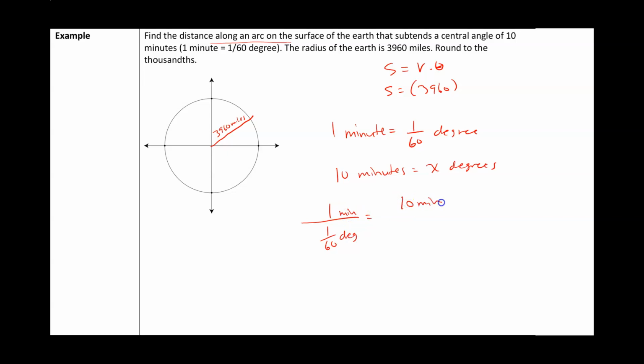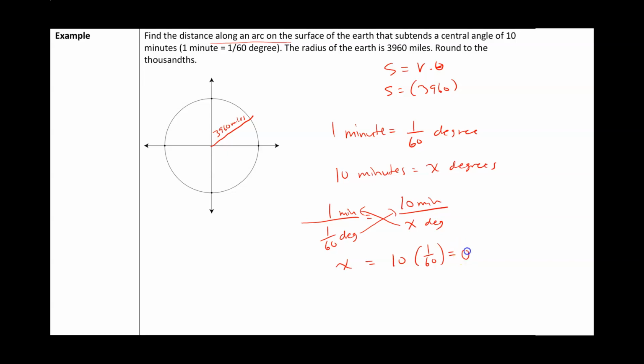So 10 minutes is equivalent to how many degrees? And we cross multiply. X goes to the left, the 1/60 goes to the right. So we're going to say our x is equal to 10 times 1/60.